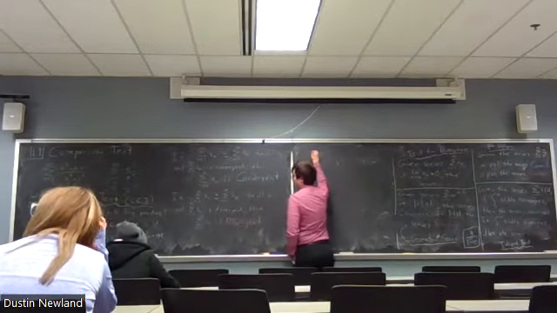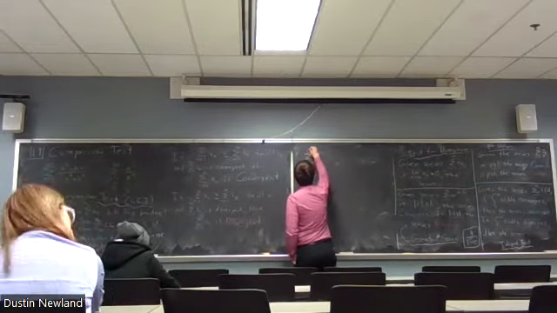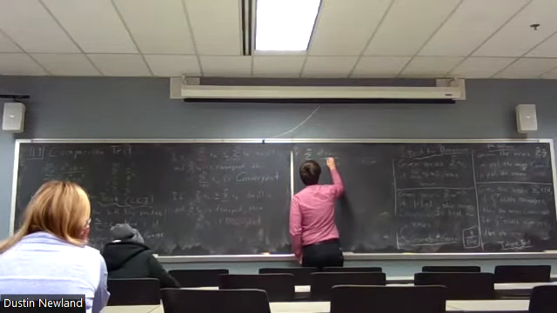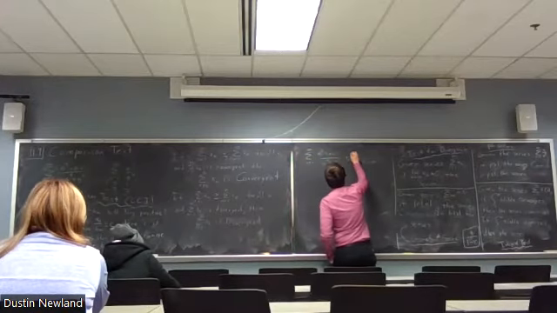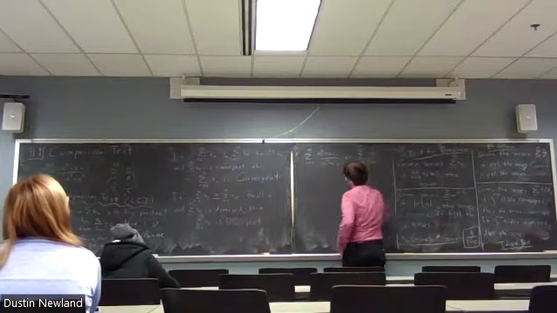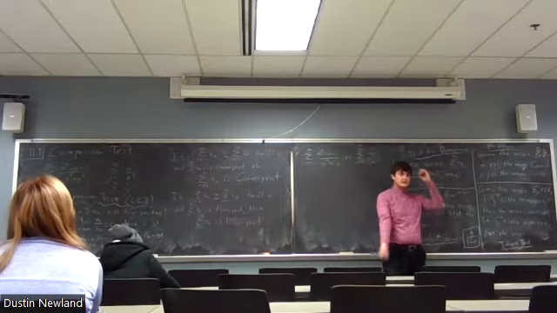Okay, so we're going to compare (n squared plus n plus 1) over (n to the 4th plus n squared) versus 1 over n squared. To do this, I'm going to use the limit comparison test.